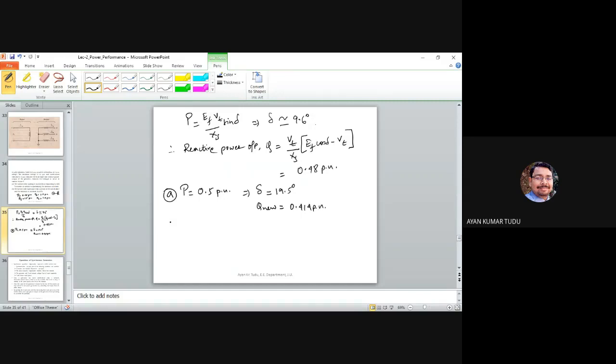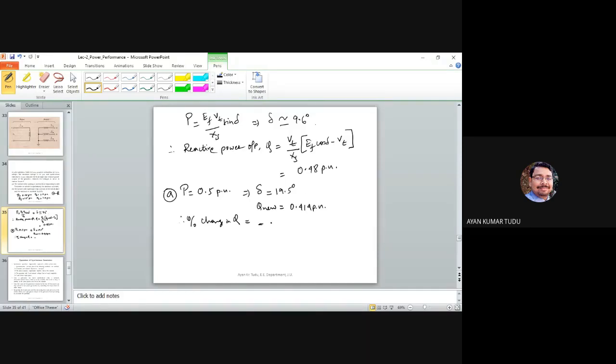So what is the percentage change in the reactive power? Percentage change in Q is (0.414 minus 0.48) by 0.48. What is the percentage?